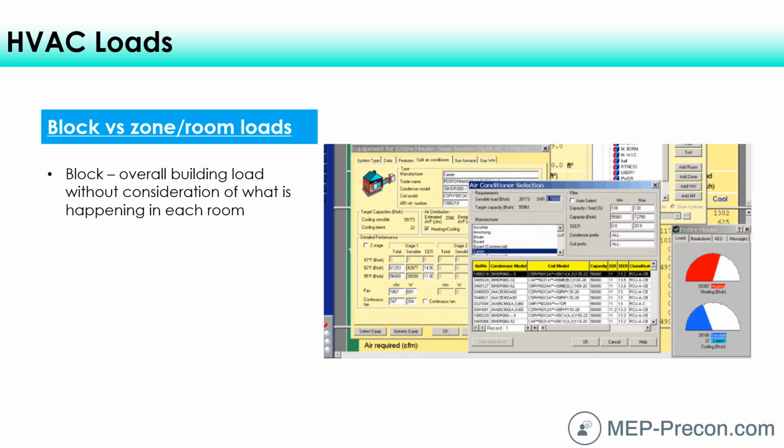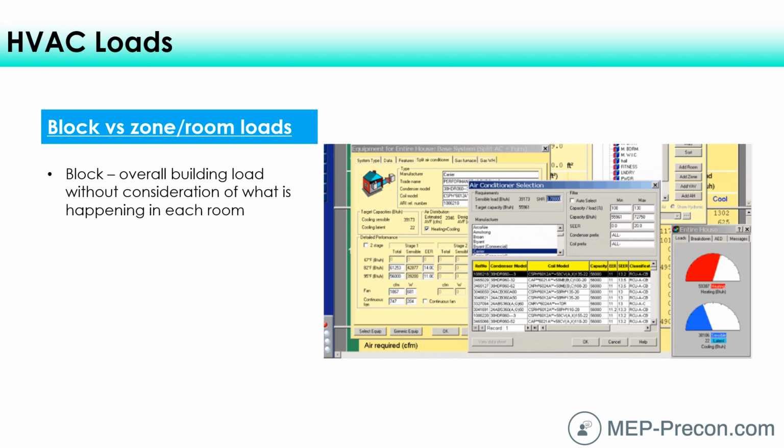But when you really zone the floors out and have individual pieces of equipment for each zone, that's where the calculations become a lot more detailed, and you find out the individual loads of each zone. When you sum that up, oftentimes it is more than the total block load of the whole building.